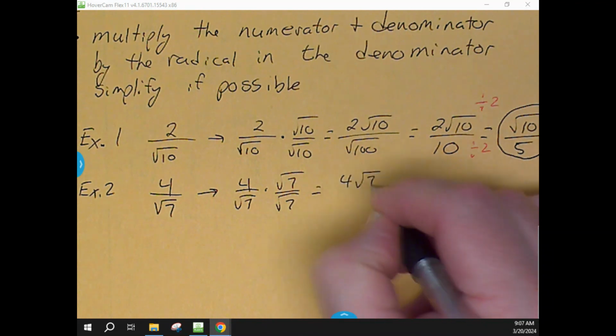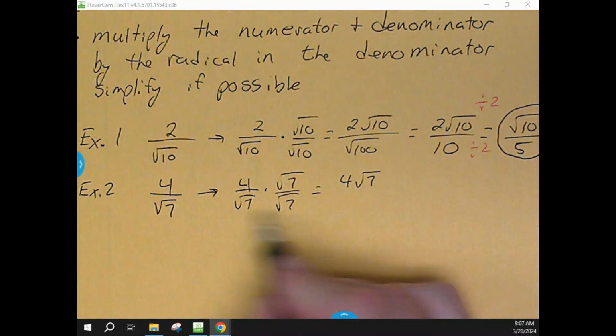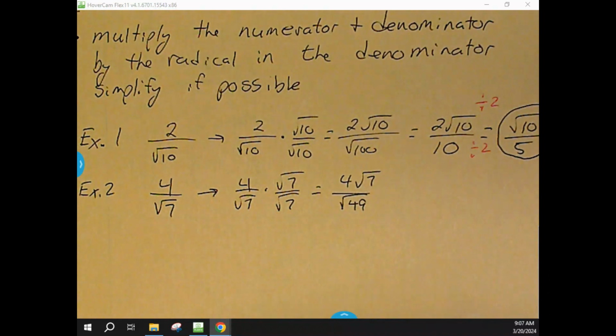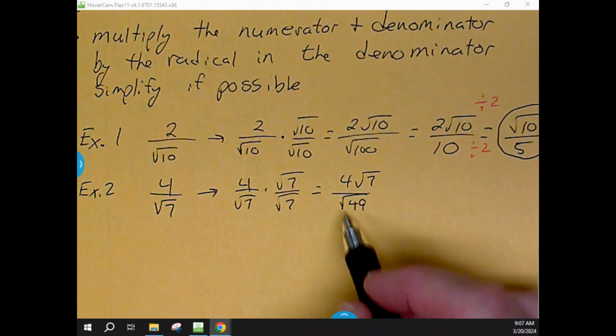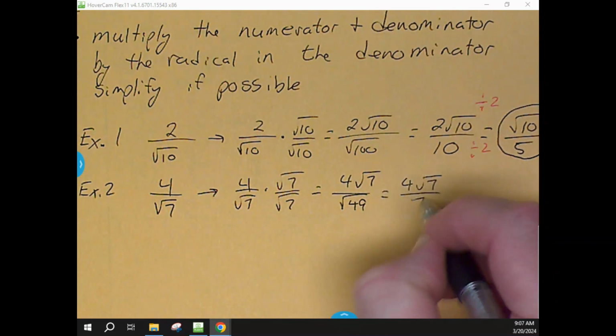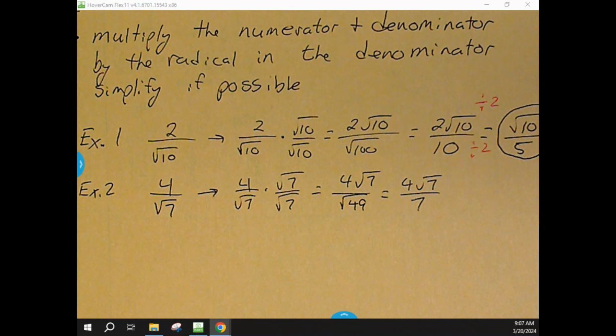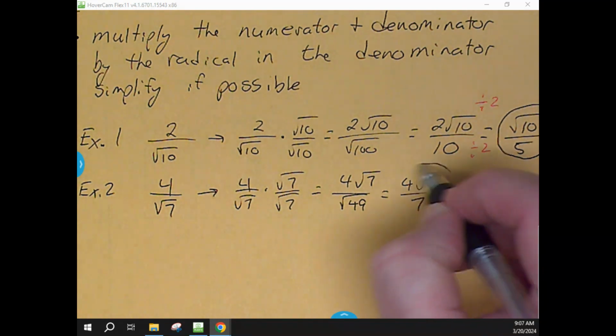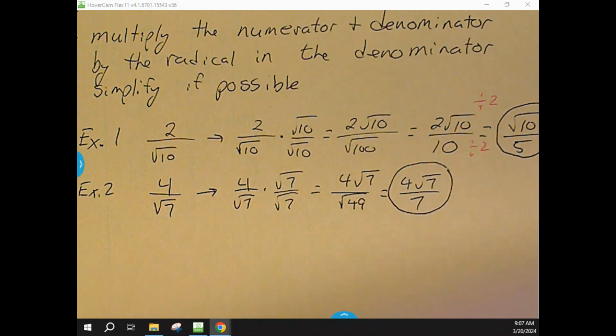Becomes 4 square root of 7. On the bottom, if we do 7 times 7, that's going to be 49. But the whole purpose of rationalizing is if you do the square root of 49, that's a perfect square. That's going to bring you back to just being a 7. And in that case, those numbers will not simplify. So that would be it.